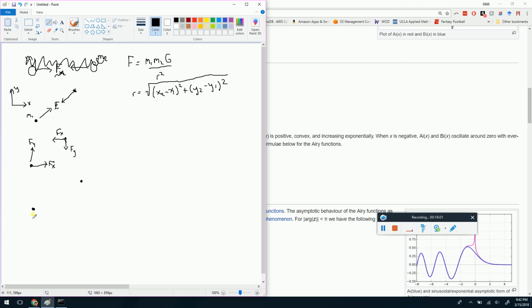The distance between these two is x2 minus x1, where this is at x2 and this is at x1, and the vertical distance is y2 minus y1. We need to wait for this to catch up. Okay, y2 minus y1 is this vertical distance.